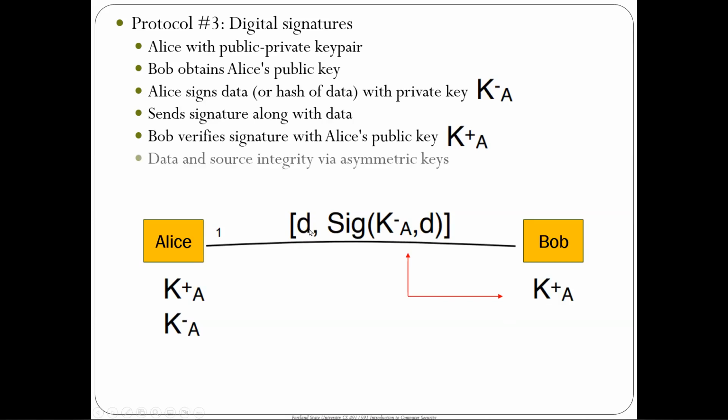And then Bob gets data and source integrity via these asymmetric keys. Okay, so that's just a different way of getting the data and source integrity using the public key, private key construction. This one always confused me with how the public key would be able to verify that.